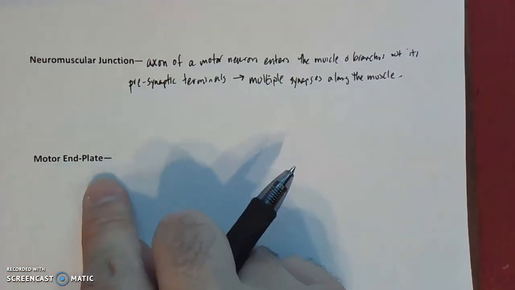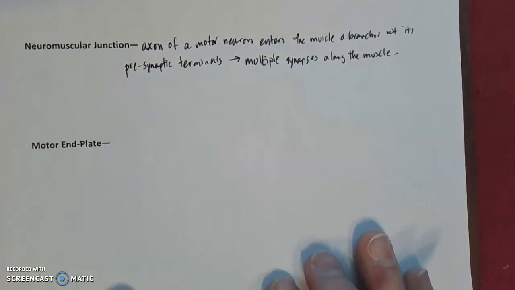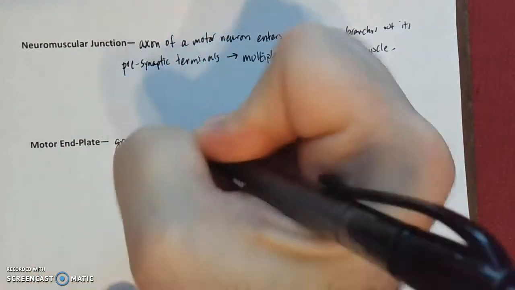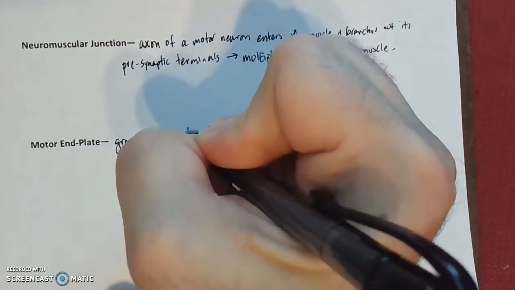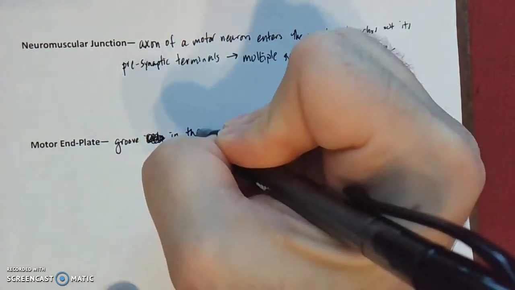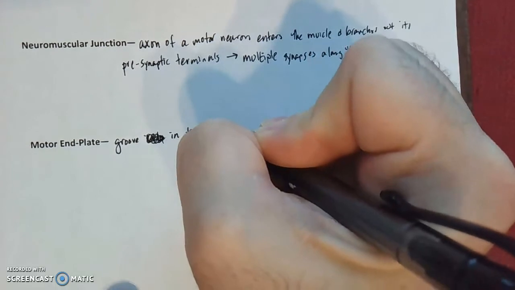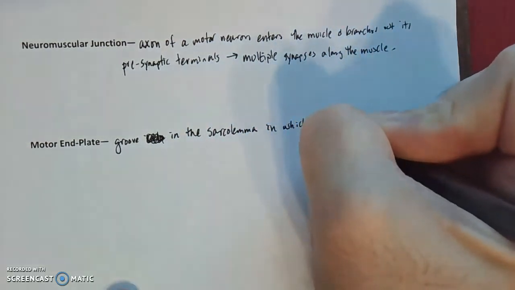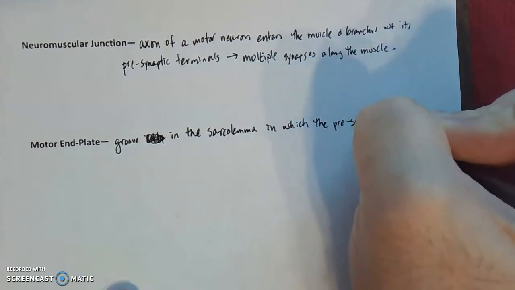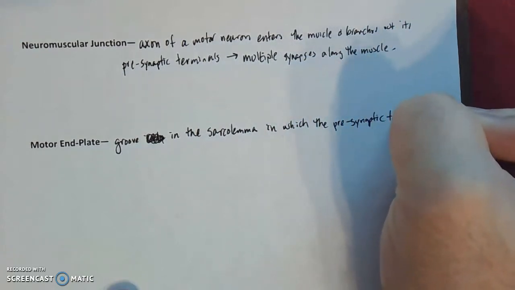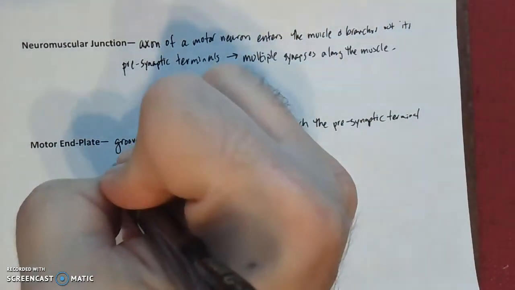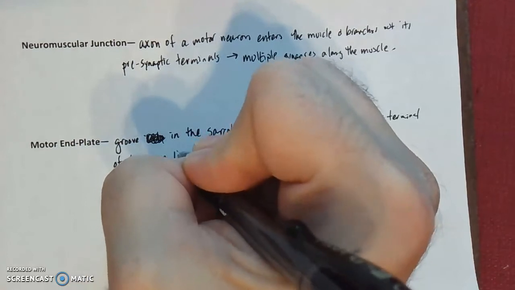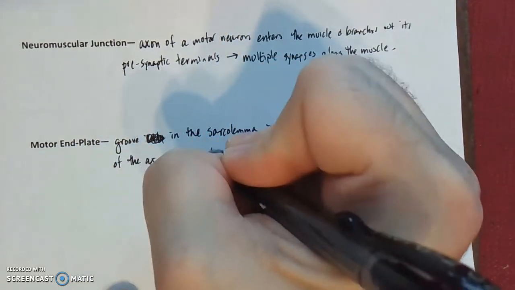And we end up with something called the motor end plate. This is a groove in the sarcolemma, in which the presynaptic terminal of the axon lies in the muscle.